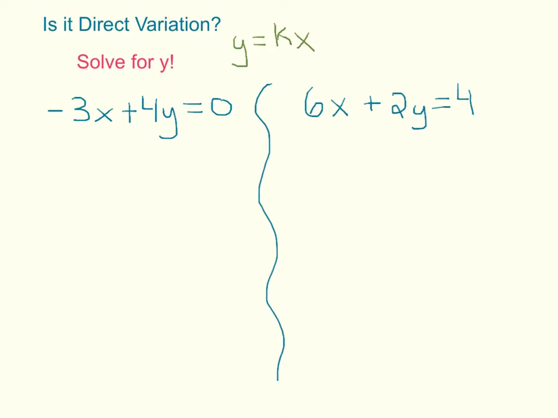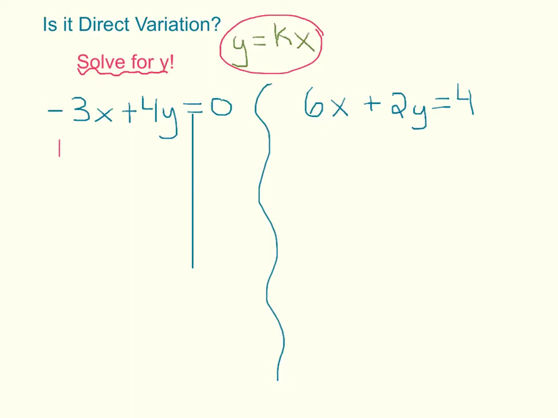In our first examples, we need to be able to look at different equations and know if they represent direct variation or not. In other words, if you solve for y, so get y by itself, will your equation be in this form, y equals kx? So this first example, negative 3x plus 4y equals 0. Let's solve for y.